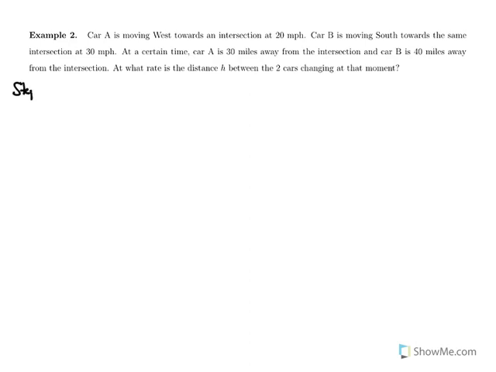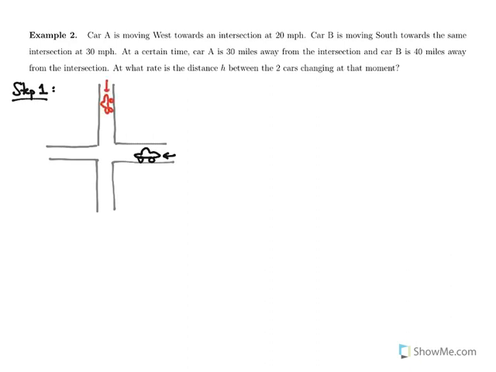So step one, it's going to be important to draw a picture here. We have some intersection. And we have one car moving west toward an intersection at 20 miles per hour. Car B is moving south at 30 miles per hour toward the same intersection.